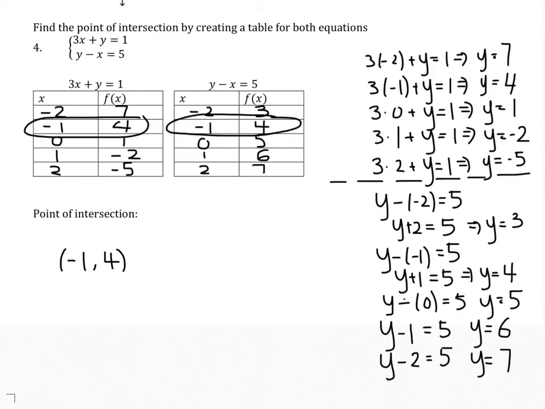Think about this for a moment. Is there any kind of flaw when you're trying to use the graphing method or the table method that we did in question number 3 and number 4?